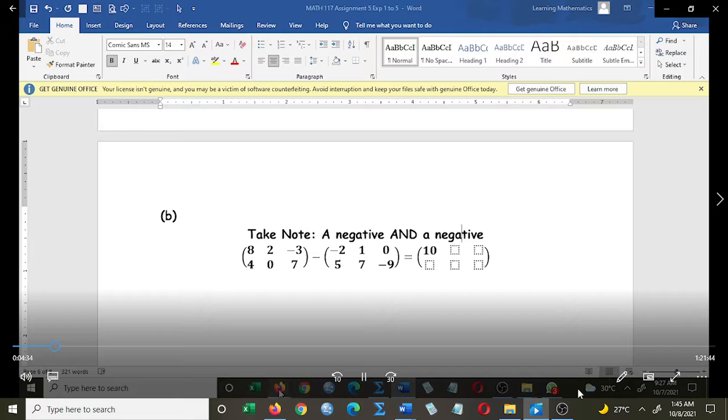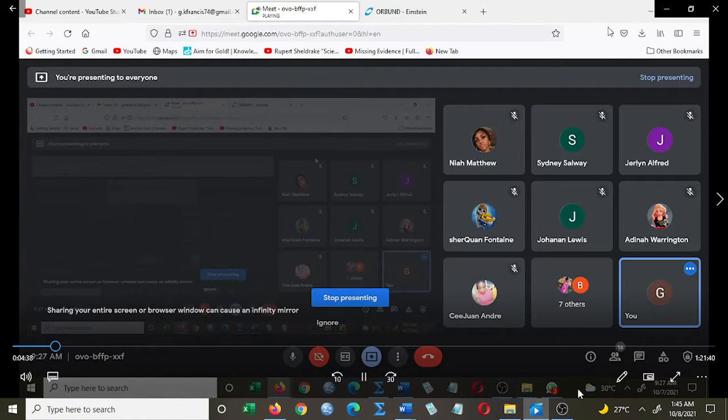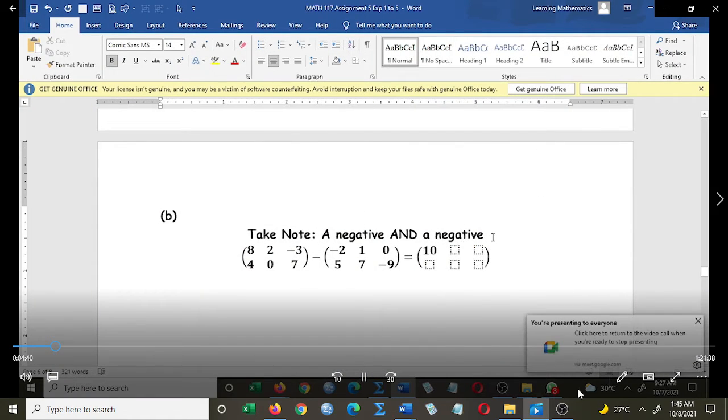Now let me specify. In arithmetic, a negative and a negative is a negative.